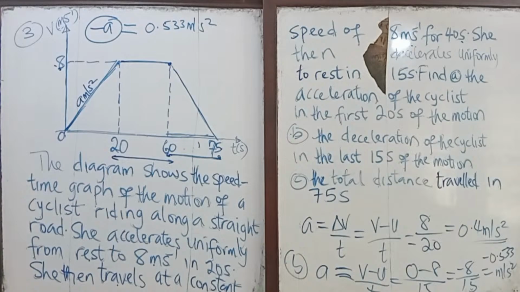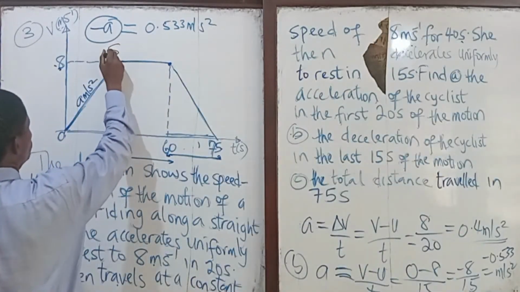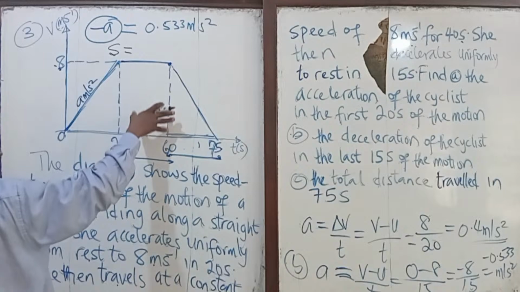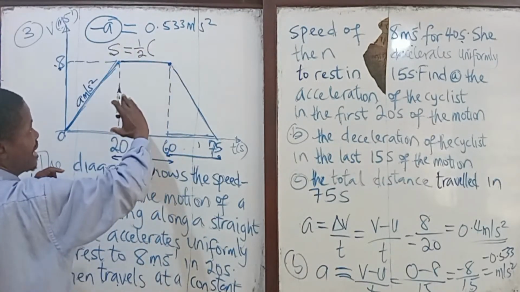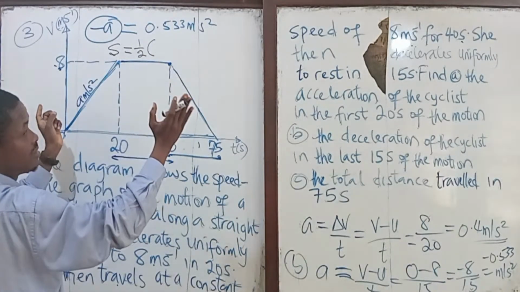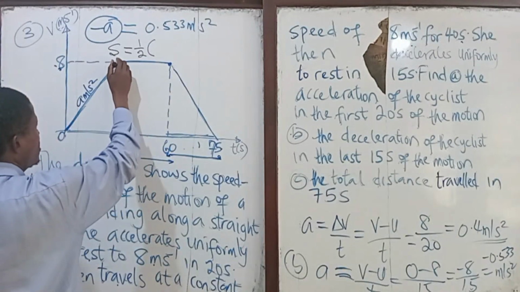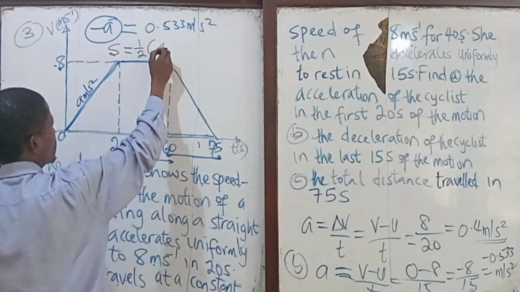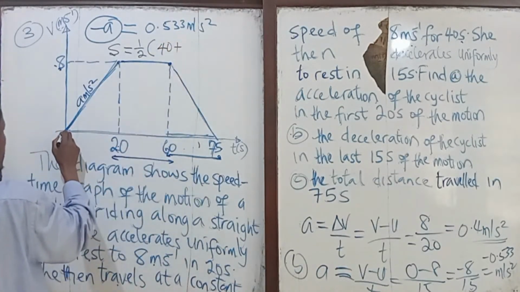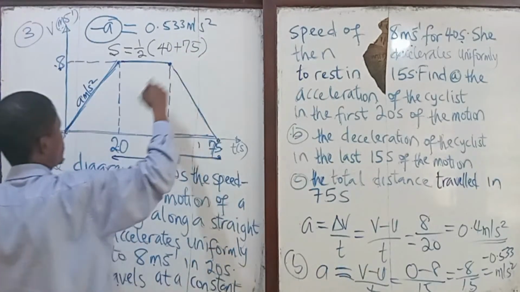Distance traveled. What we're going to do for the total distance traveled is, this is a trapezium, so it's half times the sum of the two parallel sides. From here to here, get the interval there. That's 40 plus, from here to here, that's 75, and then times the height.